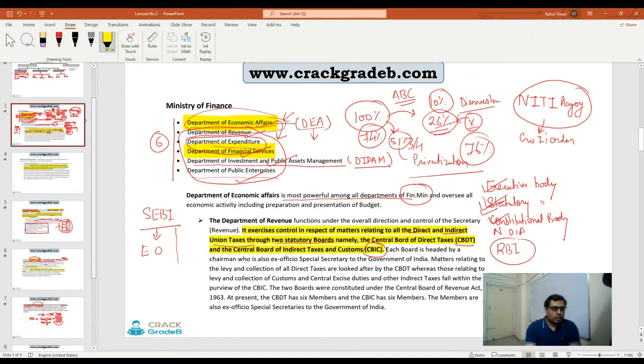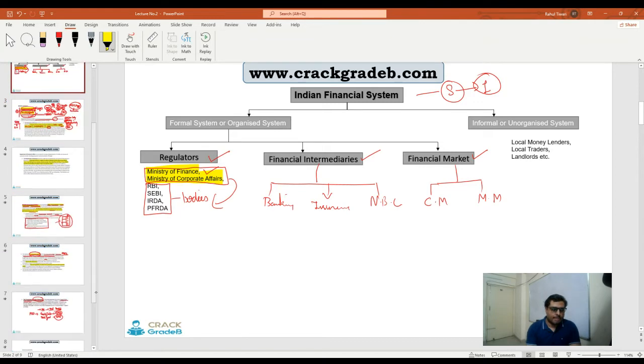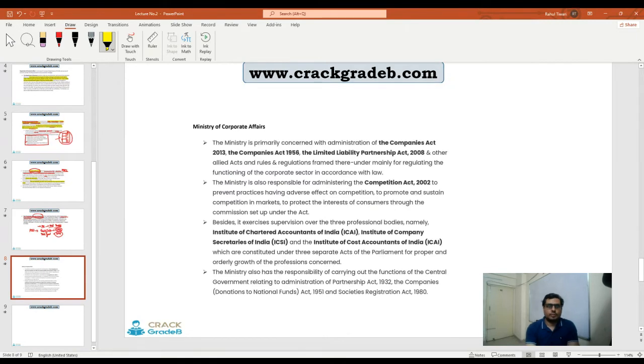So, I told you under the regulator category, one is Ministry of Finance and another is Ministry of Corporate Affairs. Fine. Now come to the Ministry of Corporate Affairs: the Companies Act 2013, Companies Act 1956, and Limited Liability Partnership Act 2008.